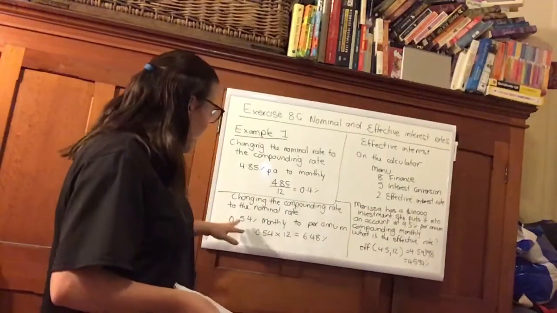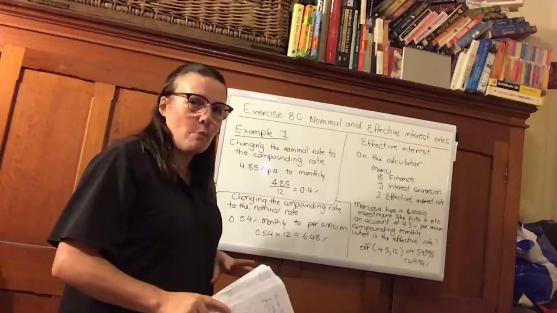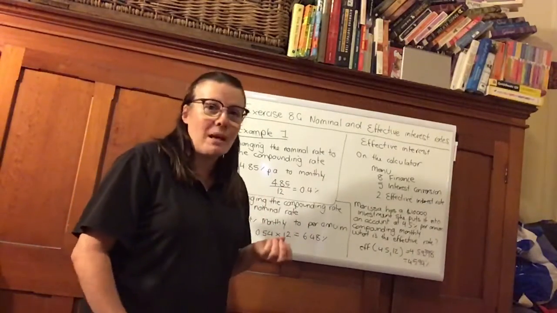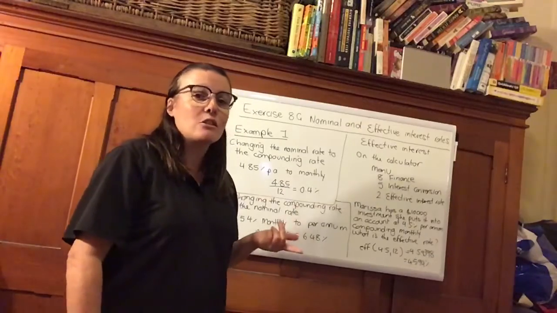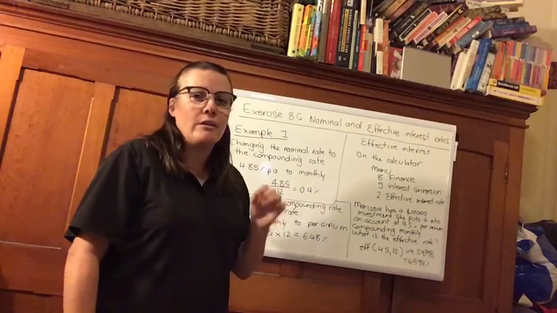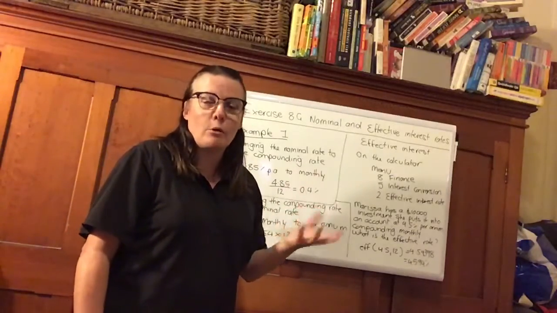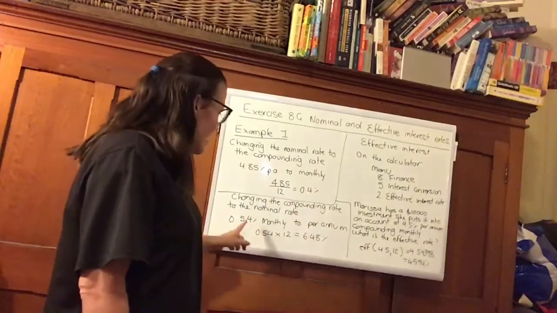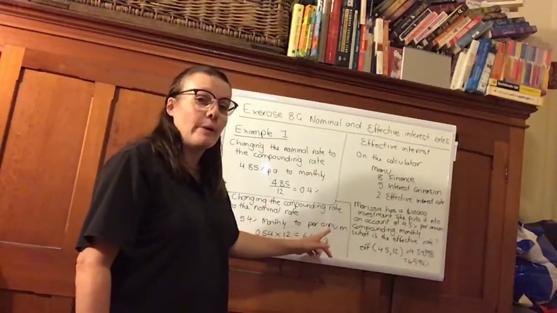So that's kind of like you're getting 0.4% each month. Okay? And of course, we need to be able to go back the other way. So if you're given the monthly or the compounding rate and you're asked to find the nominal rate, and they'll use that word in the question, what is the nominal rate of this interest rate? You need to be able to convert it back to per annum.